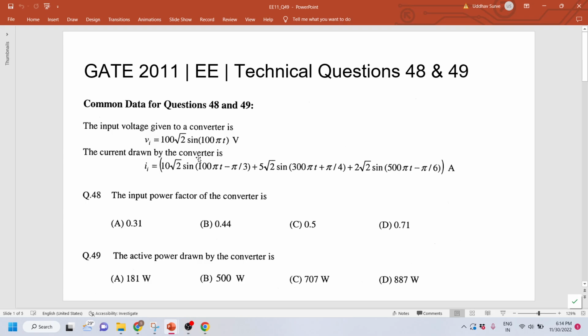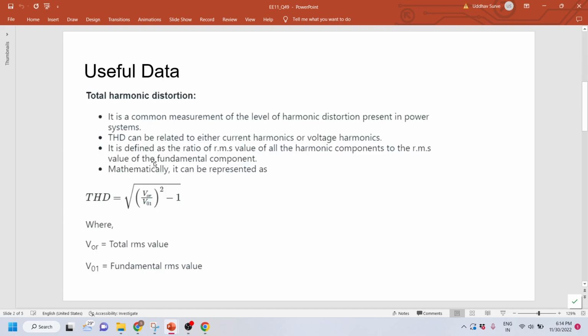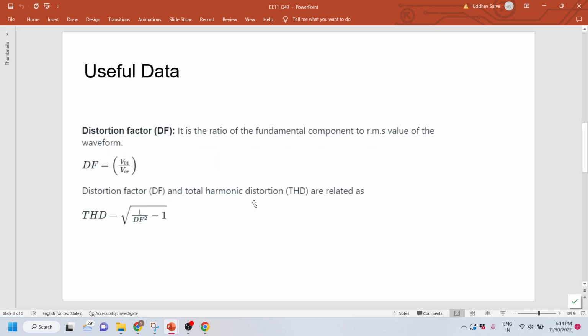But I will suggest that you focus on this harmonic content and power factor related concepts importantly, because THD and distortion factor are pretty interesting topics for the question paper setters.